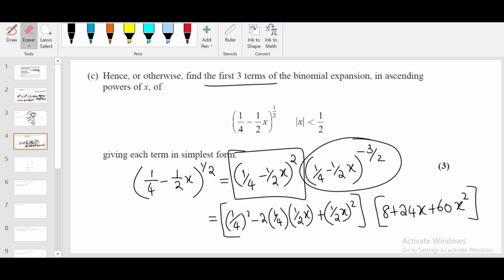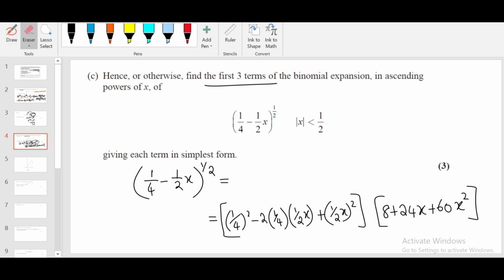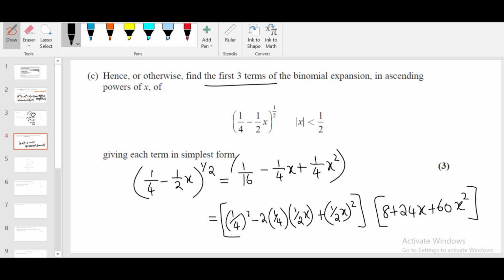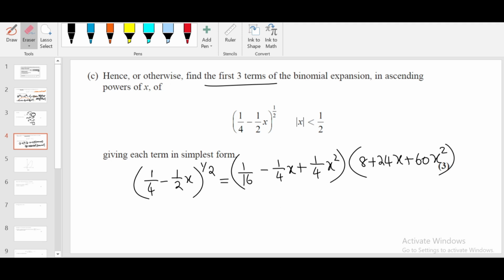You see how I'm going to do that. First, the first bracket, when you expand it, simplify it, 1 over 16 minus 1 over 4x plus 1 over 4x square times 8 plus 24x plus 60x square. You need to expand the bracket, simplify the like terms now. You will get the constant term, first term, by multiplying these two.